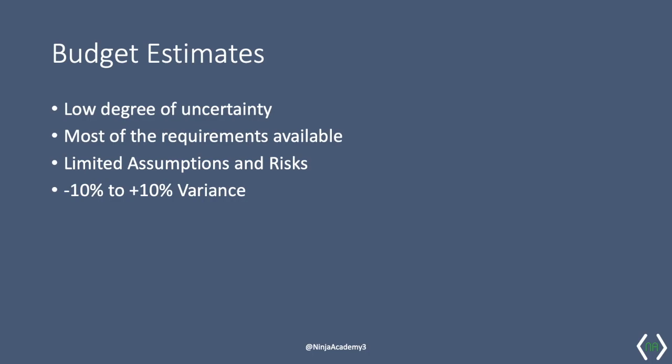Budget estimates too take place very early in a project's life cycle, during the project selection and approval period. Just like other estimates, budget estimates provide decision makers with the information necessary to make a decision. And like the other two techniques we have already discussed, the budget estimate is provided by an SME who is knowledgeable and experienced. Accuracy is at 90% with a variance of plus or minus 10%.